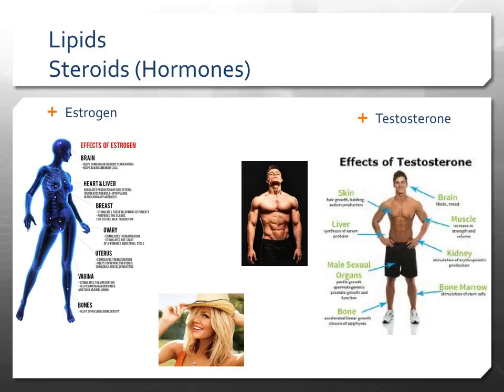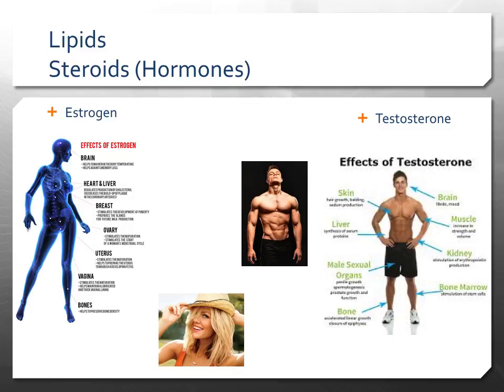On the other hand, testosterone is the male hormone. Without testosterone, men wouldn't have their manly qualities. So what effect does testosterone have on humans? Testosterone thickens skin, and we know because men have usually thicker skin than women.